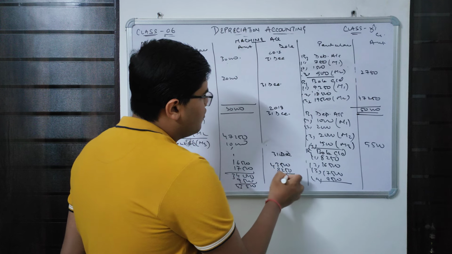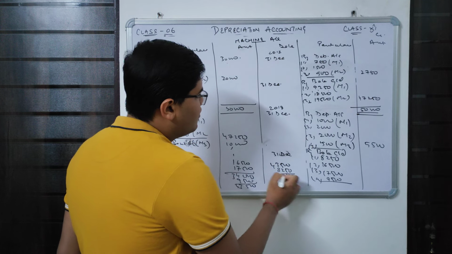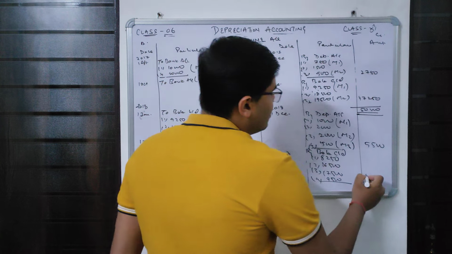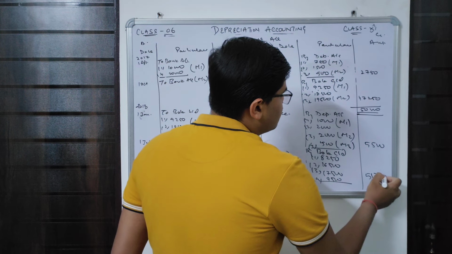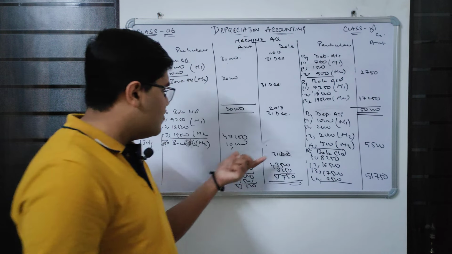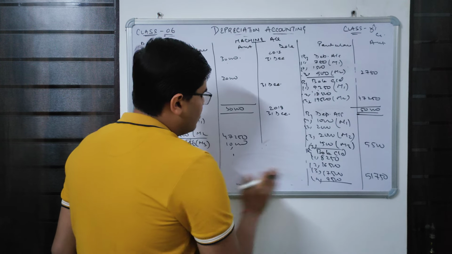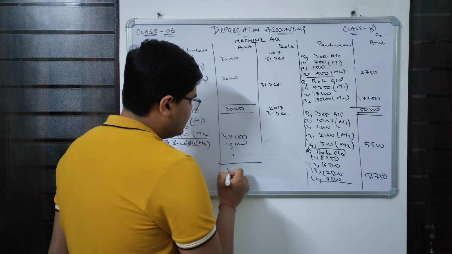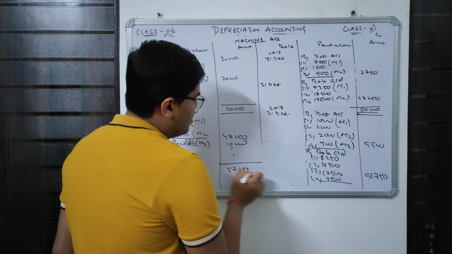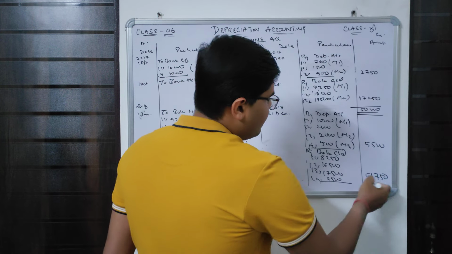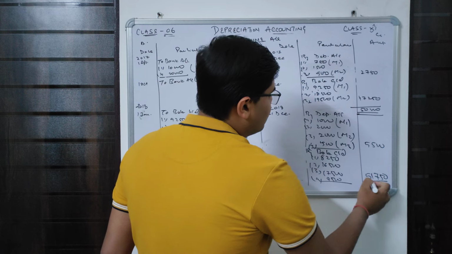So here we get 51,750. We get the balance. So if we total it on this side, we will get 57,250, and here we will get also 57,250.